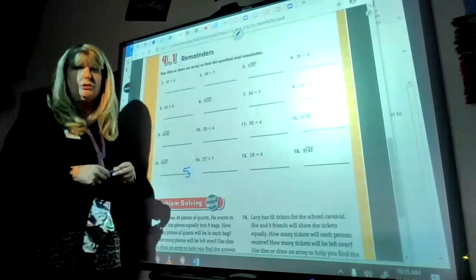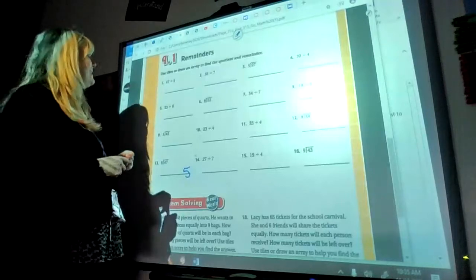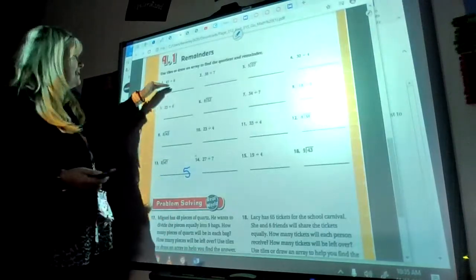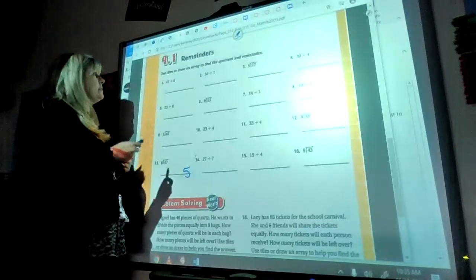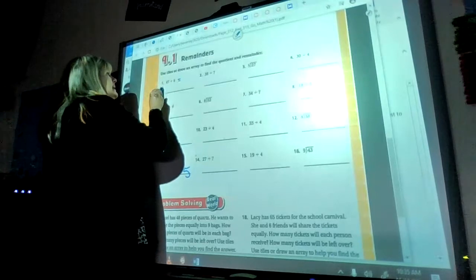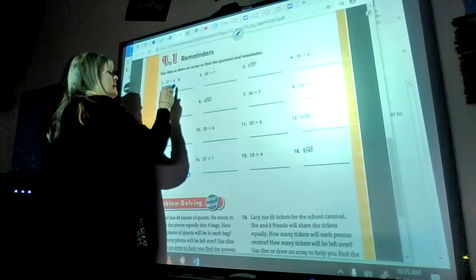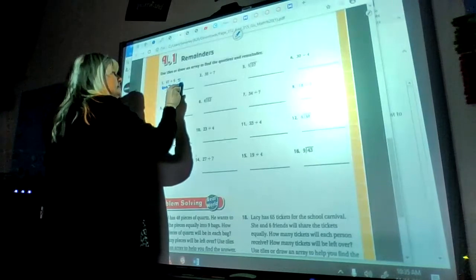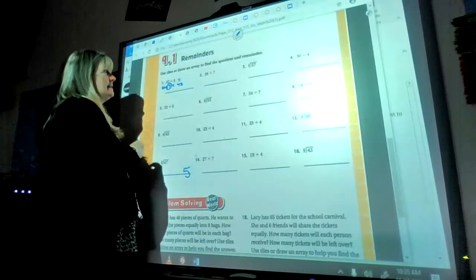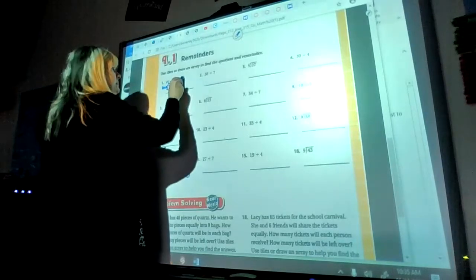I'm getting closer. Well, 6 times 8 is 48. I can't use that because it's gone over 47. So 6 times 7 equals 42. So I have 7 groups of 6. That's all I can get.